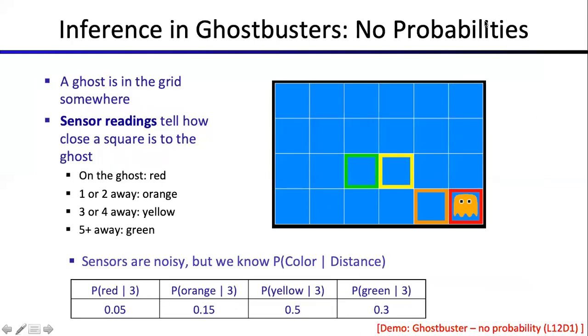Okay, so here is an example of Ghost Buster, and this example is such that let's say you have a grid, and within that grid you have a ghost present in one of these cells, right?